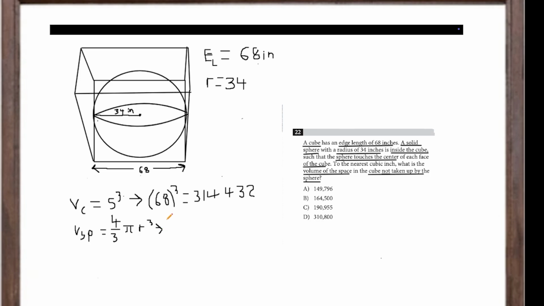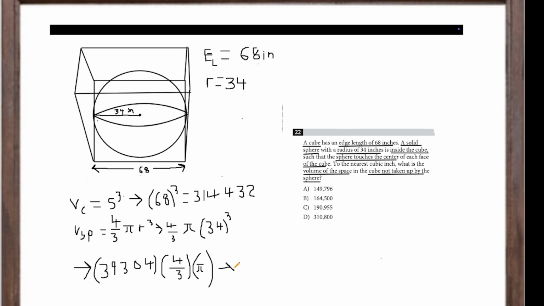So we're going to have 4/3 pi 34 cubed. That's going to be our equation for the volume of a sphere. Now we're going to simplify. 34 cubed gives us 39,304. Now we multiply that by 4/3 and by pi as well. So we simplify even further.